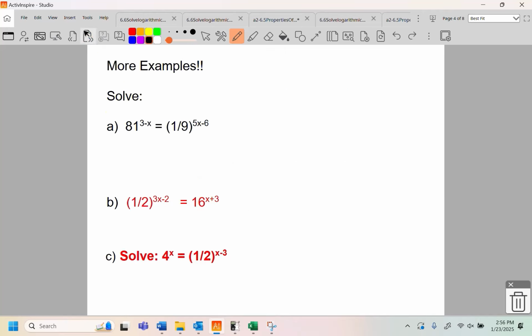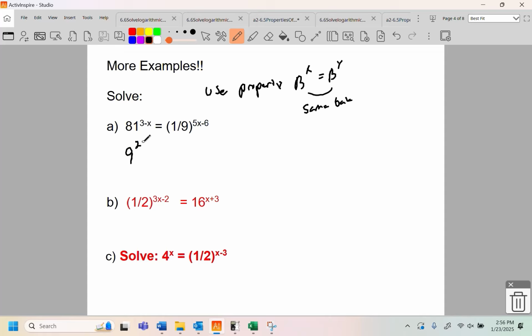All right, so here we are on the solving. We're going to solve this, and we're going to use the property that b to the x equals b to the y, but these must be the same base. Right now, the bases are not the same, but I can make them the same. 81 is 9 squared.